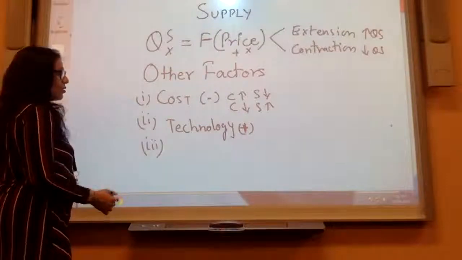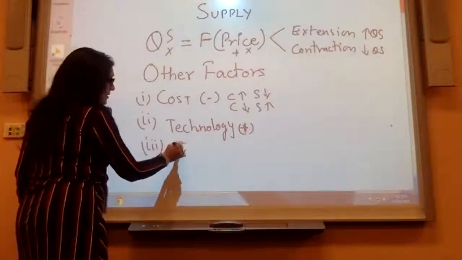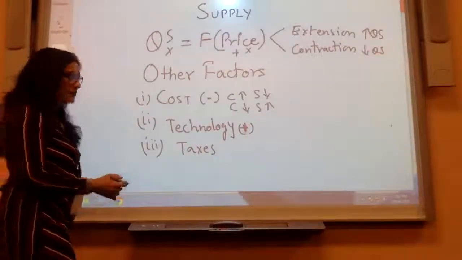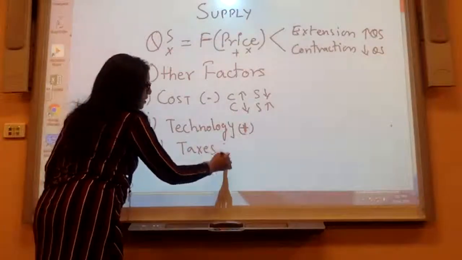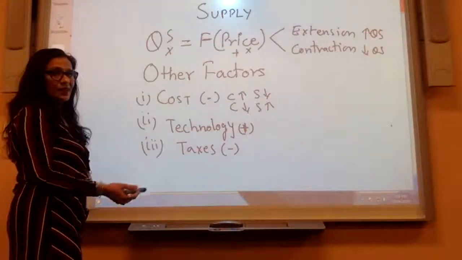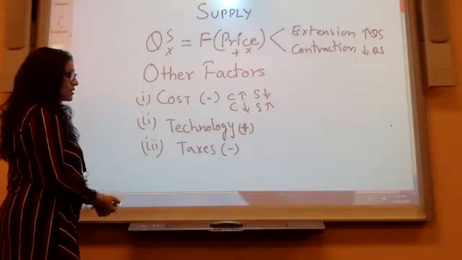Another one you can think of is taxes. What is the effect of taxes, positive or negative? It is negative, because a tax adds to the cost of production and thus supply will decrease.